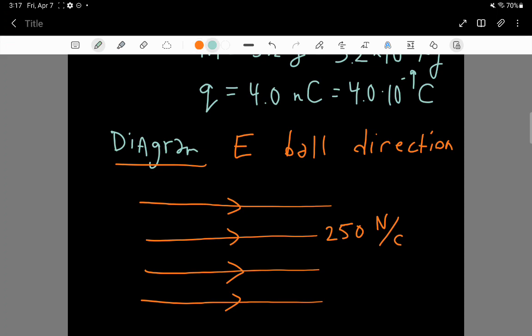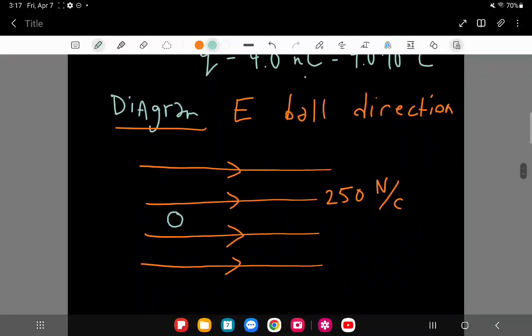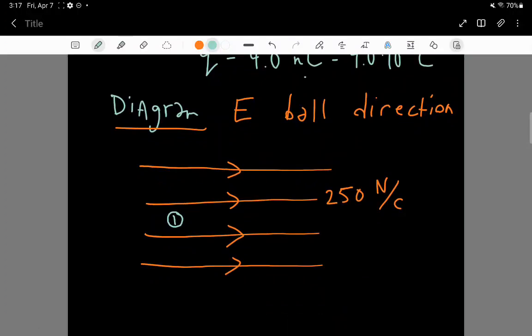And in this electric field is our little ceramic ball. And it's the 3.2 times 10 to the minus 3 kilograms. And it's the 4 times 10 to the minus 9 coulombs, right? So maybe I'll just, as a note, I'm going to indicate that it's a positive charge. And there is a force on this positive charge towards the right. So I'm going to just say those details.